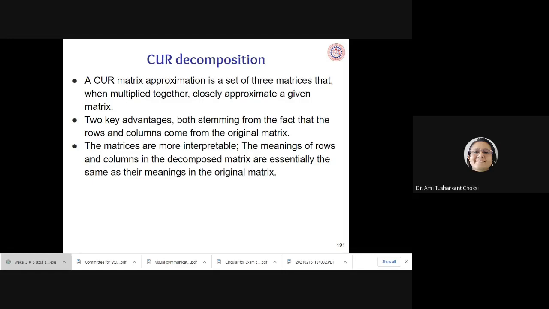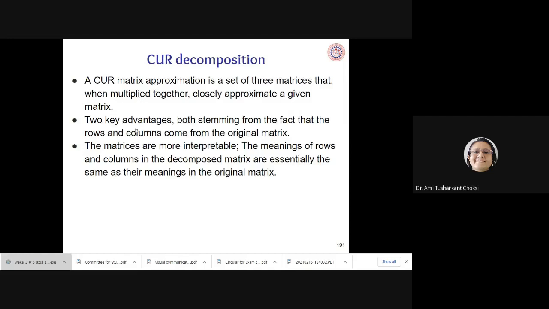The original matrix, we are making the decomposition of it. That is, we are having say C, U and R. What we say is that when we multiply them together, we closely approximate, we get the original matrix, right?